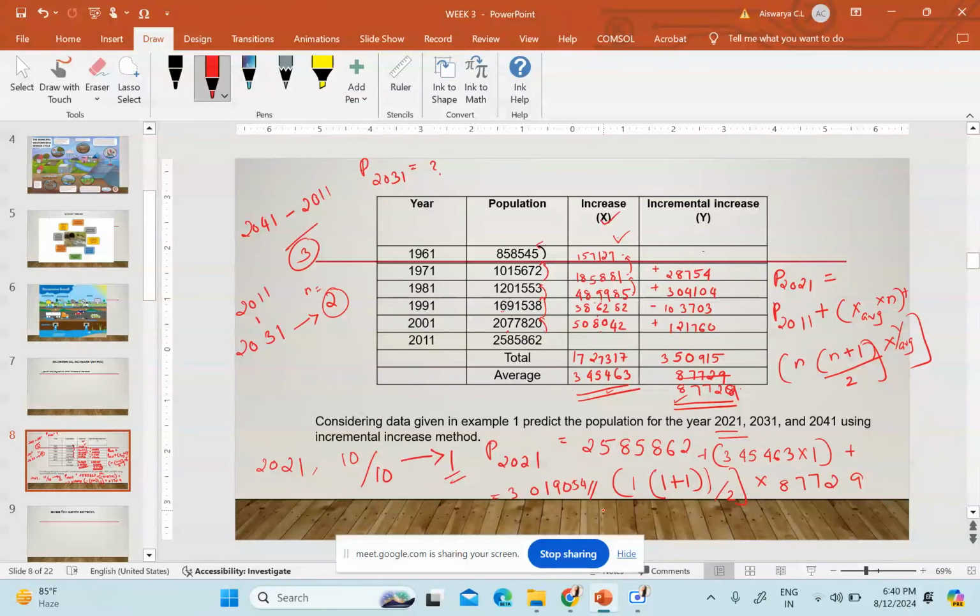Calculate the number of people in 2031, and the number of people in 2041. Yes, 3539975, right.